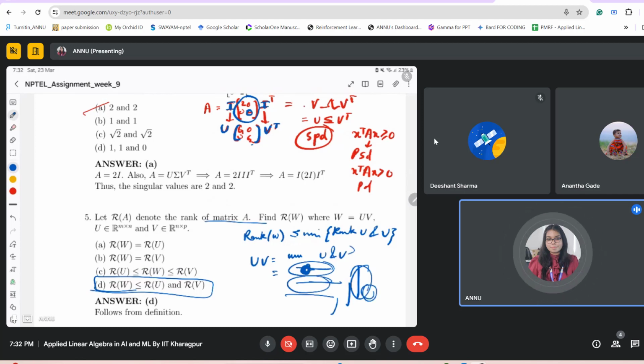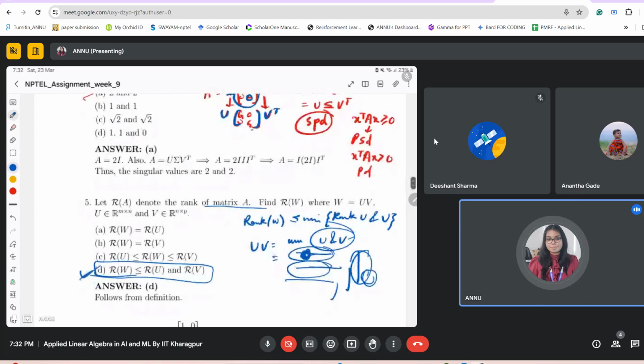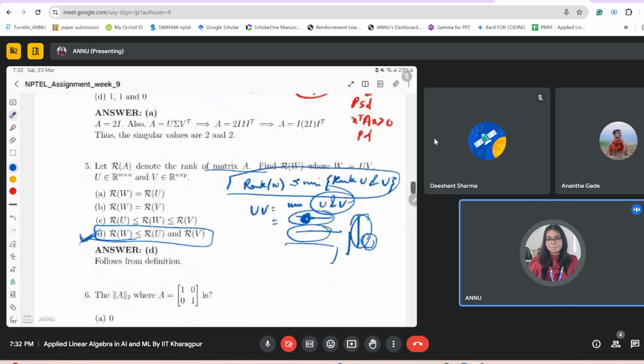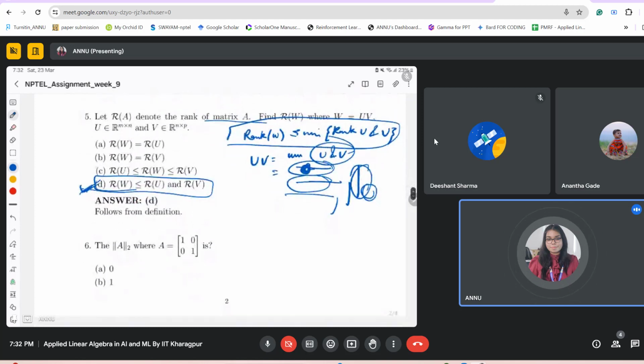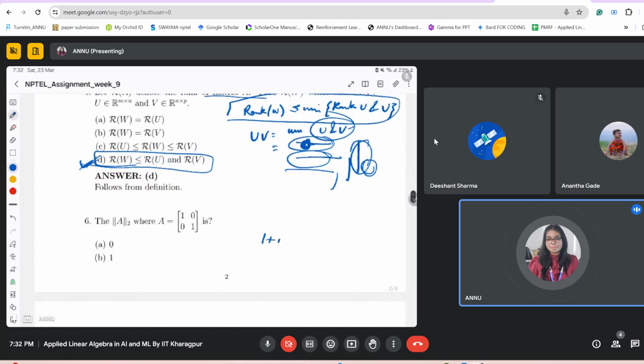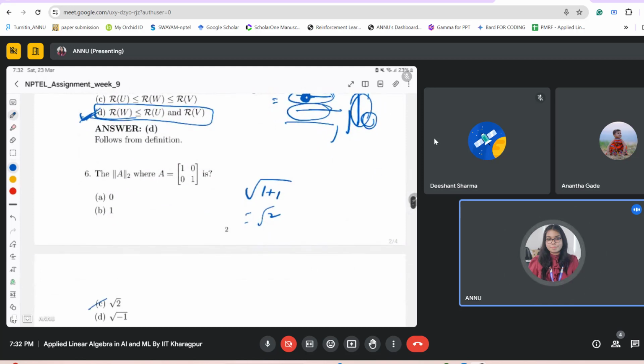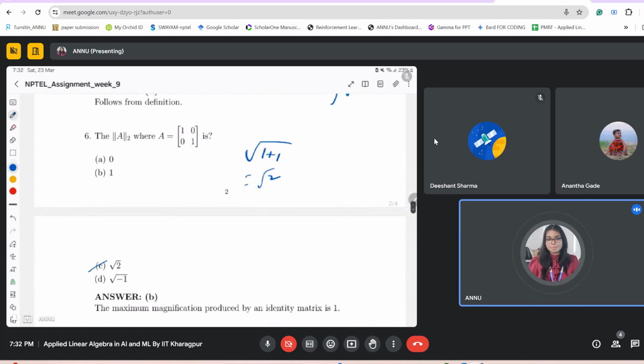If it is not the minimum, you can't derive this. So this rank is actually the minimum in case of the multiplication. So this follows from the definition. So the Frobenius norm. What will the Frobenius norm be? That will be the very same. 1 plus 1, root 2. This is root 2. The answer is C.